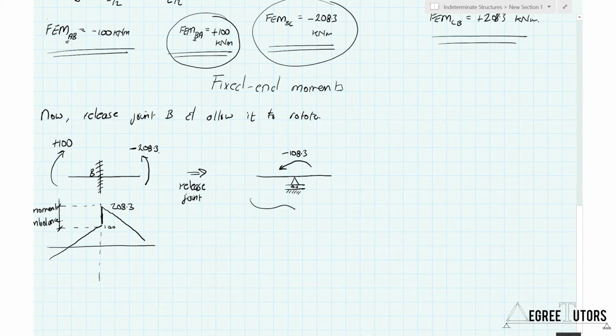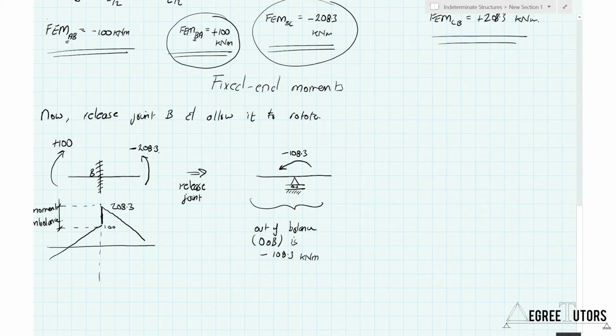So our out of balance moment, for future reference, I'm just going to call that OOB, is minus 108.3. If it's not obvious already, I'm assuming clockwise moments are positive and anti-clockwise moments are negative. It's going to be important that you get yourself a clear sign convention and stick to it in this method, because signs are going to be very important.